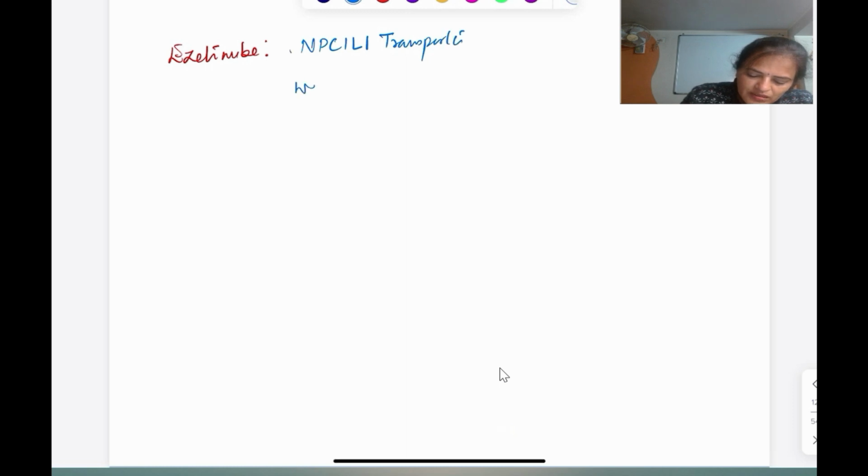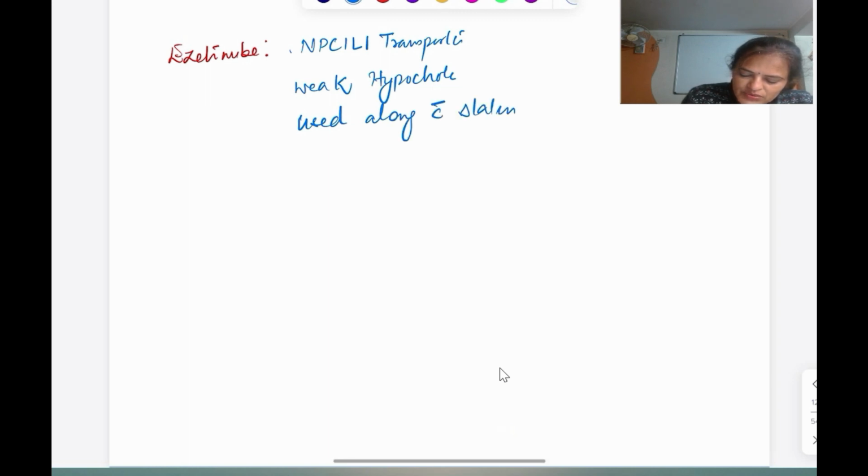It is a weak hypocholesterolemic drug, mainly used along with statin, because once it decreases the absorption of cholesterol, there will be a compensatory increase in HMG CoA reductase enzyme activity, which is going to cause increased synthesis of cholesterol. That is why we use it with the statin.